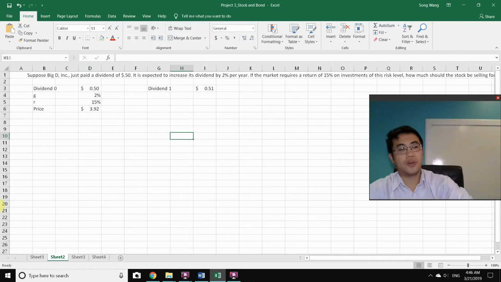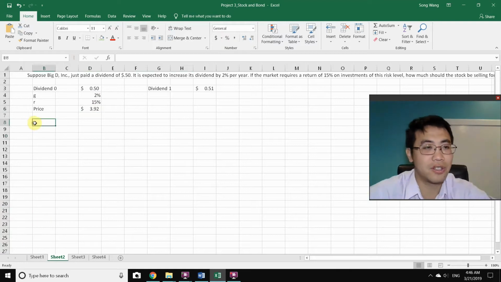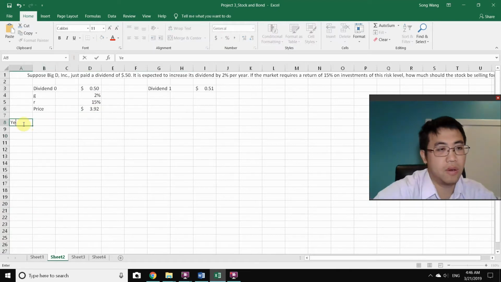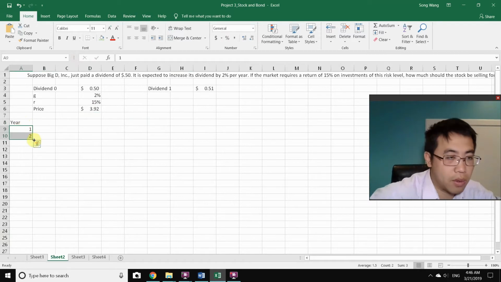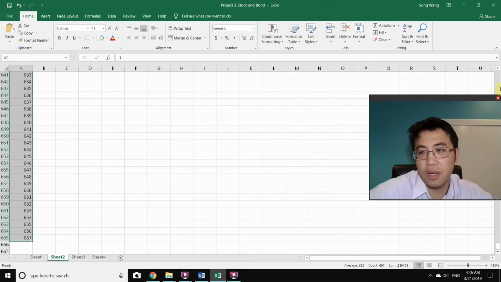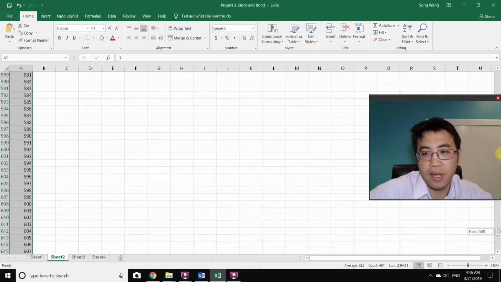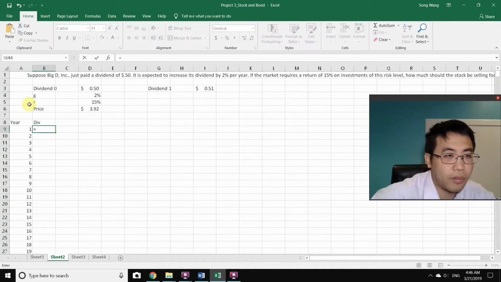Another way to do it is to simulate an unlimited amount of years. So you have year 1, 2, and all the way, say hundreds of years, which is good enough for a simulation of an unlimited amount of years. My dividend at the first year is 51 cents.